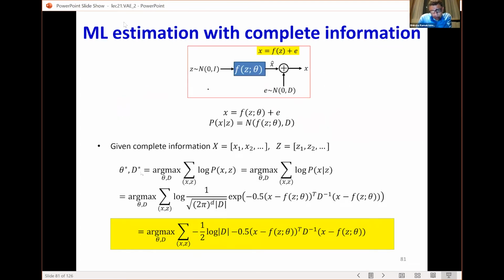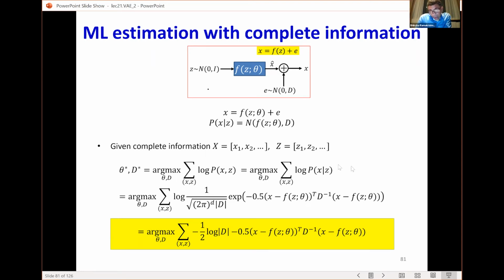Now, if I give you z for every x equals f of z plus e, the probability distribution of x given z is going to be a Gaussian with mean f of z and variance d, right? So the log likelihood of the total training data, where for each data instance you also know the z, is the sum over all instances of the log of p of x comma z, which is p of x given z times p of z. P of z is a Gaussian. So this is the term that you would have to maximize with respect to theta and d.